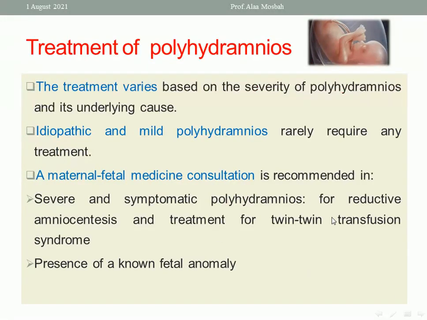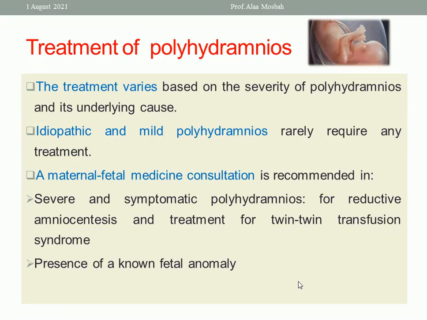What is the treatment of polyhydramnios? The treatment varies based on the severity of polyhydramnios and the underlying cause. As we mentioned before, idiopathic and mild polyhydramnios spontaneously resolve, usually, okay, and rarely require any treatment. Maternal fetal medicine consultation is recommended if we have a case with severe and symptomatic polyhydramnios.